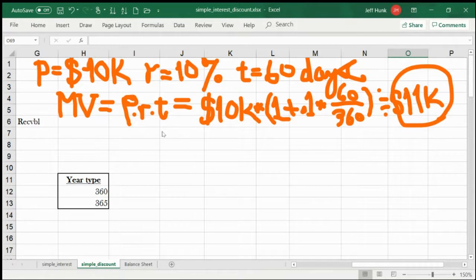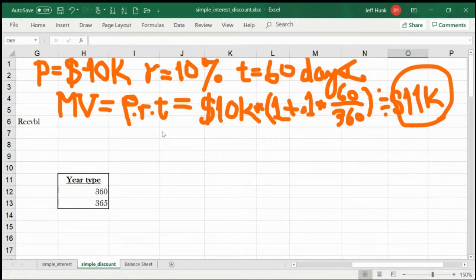In other words, when the seller agreed to accept the promissory note, it's like giving a 60-day loan to the buyer, the issuer of the promissory note. So the issuer is the borrower, right? They borrowed money for 60 days that they would pay back in 60 days.